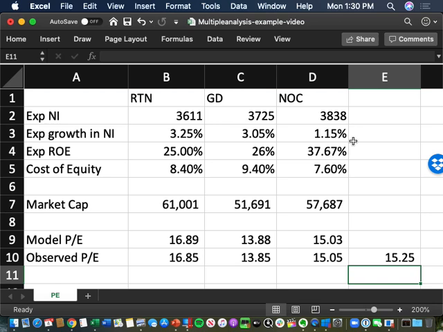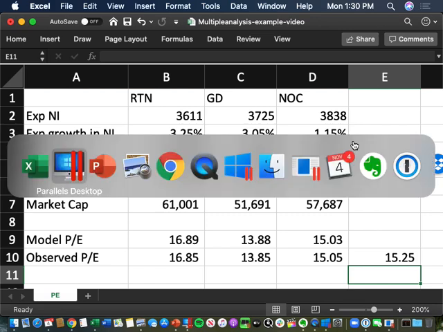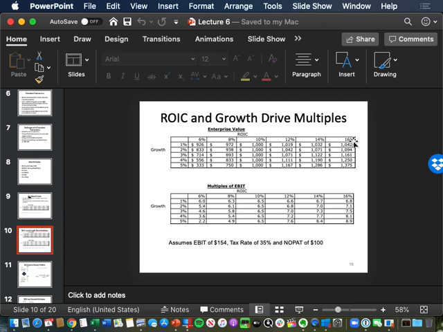So to trade at the average, I need that growth spread combination. If I'm trading at a premium to that, that means I have an above average growth spread combination. If I have a below average multiple, it means I have a below average growth spread combination. It's no different than this table. That's the only way you're on this side of the table versus that side of the table: the growth spread combination.